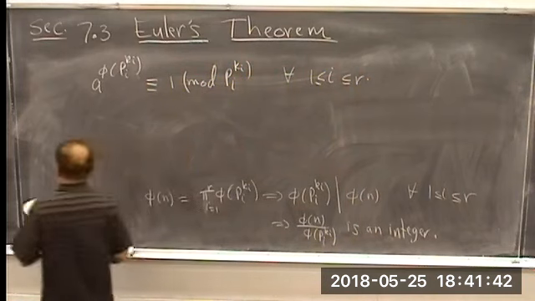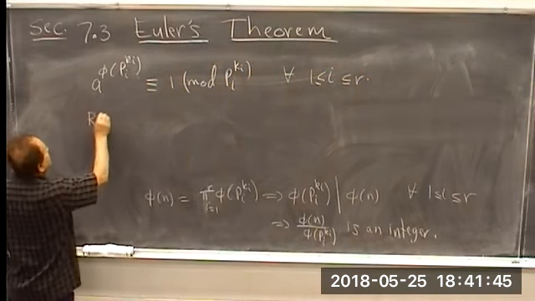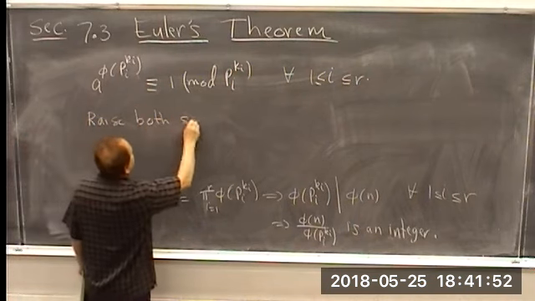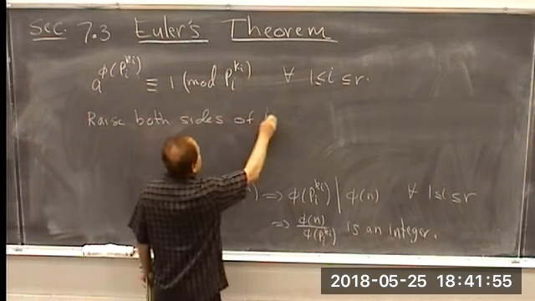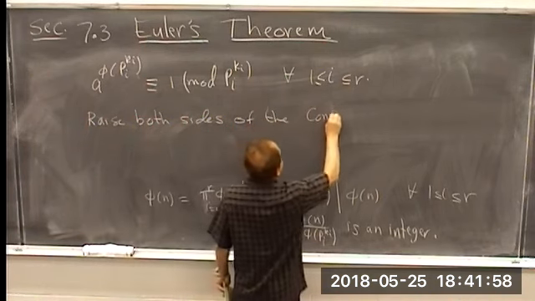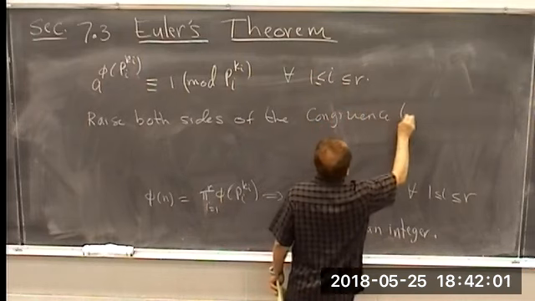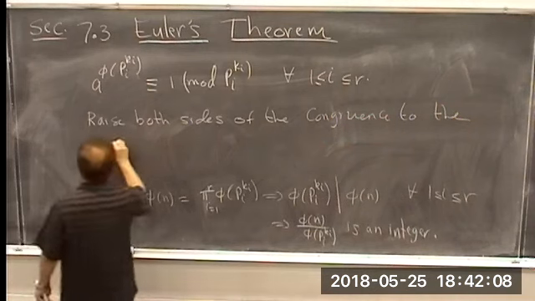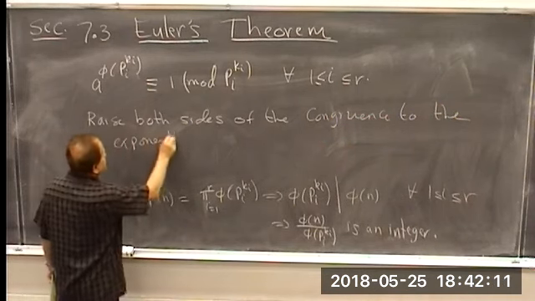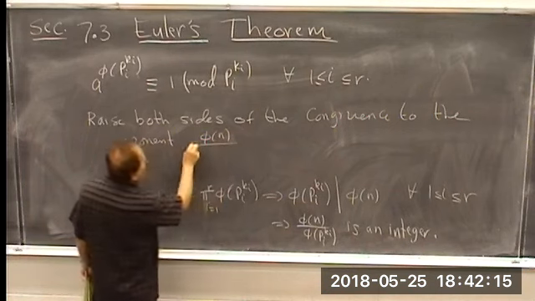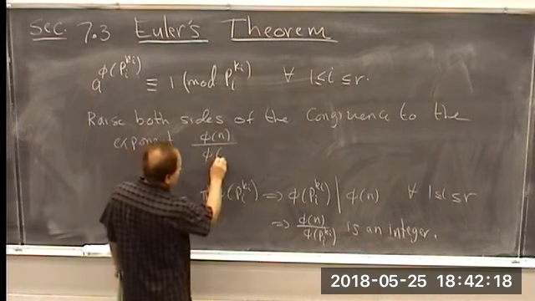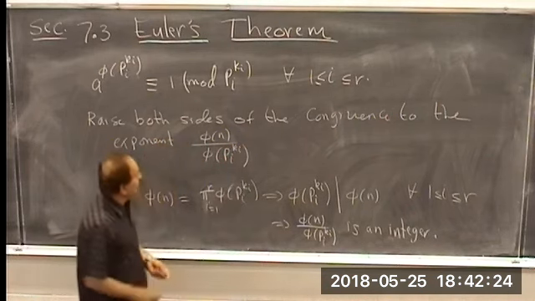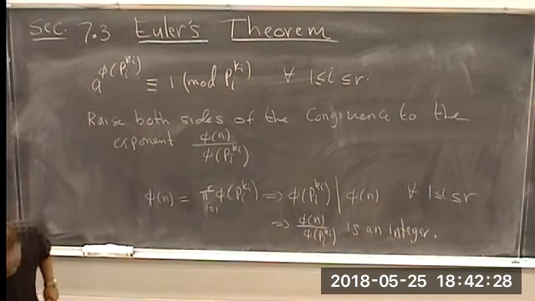Now, we're going to raise both sides of the congruence to this exponent, the exponent phi of n divided by phi of p_i^k_i.